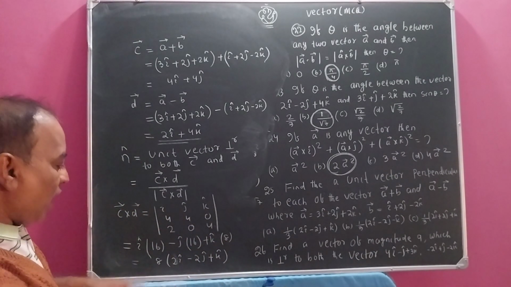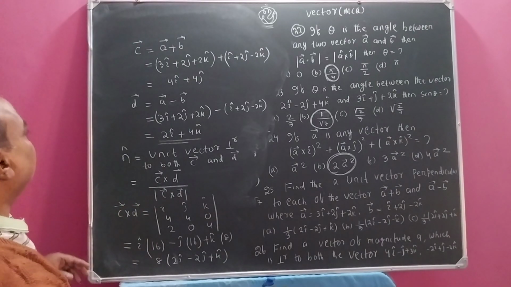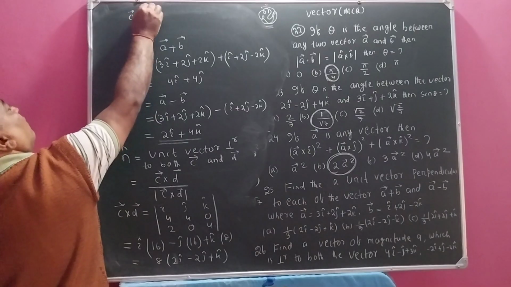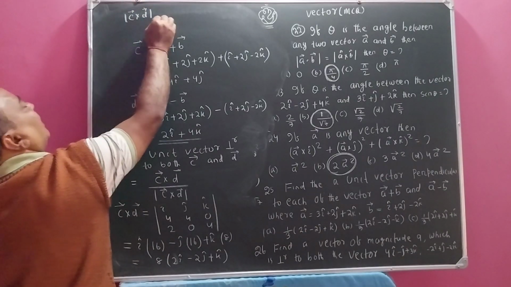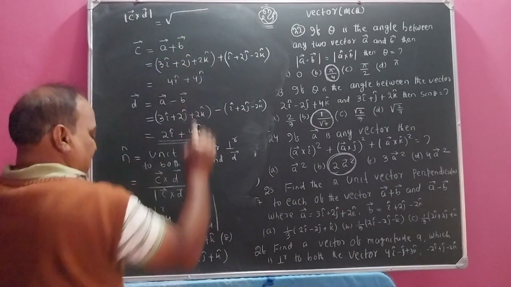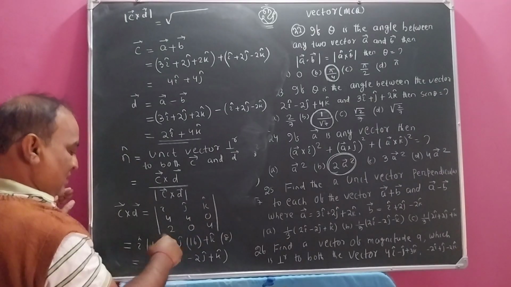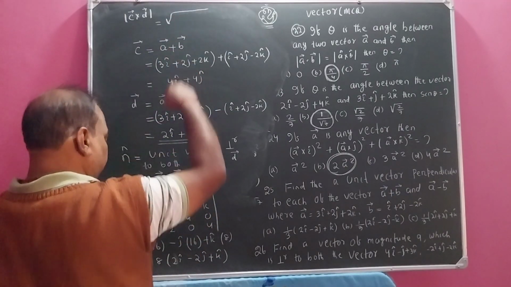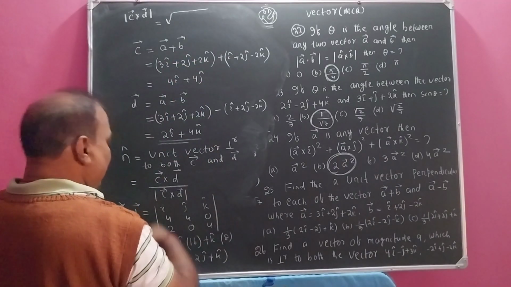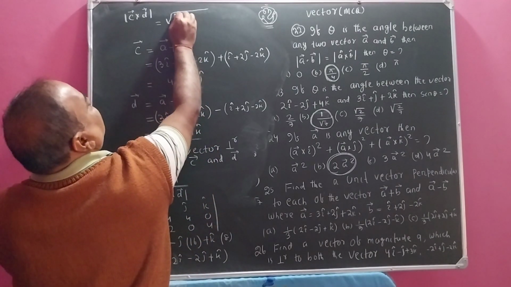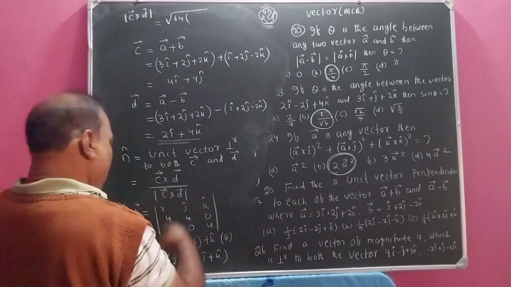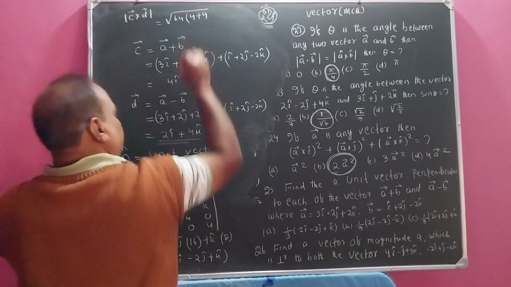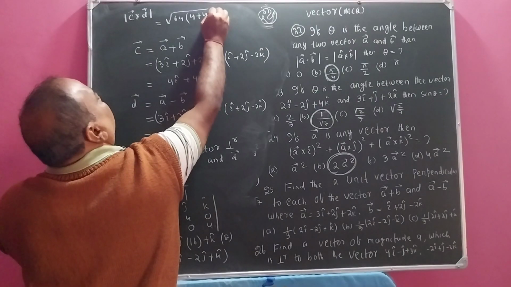Our aim is to find its magnitude. Write down the magnitude of c vector cross d vector. Magnitude means 8, taking 8 common, 8 squared is 64, whole into 4 plus 4 plus 1.